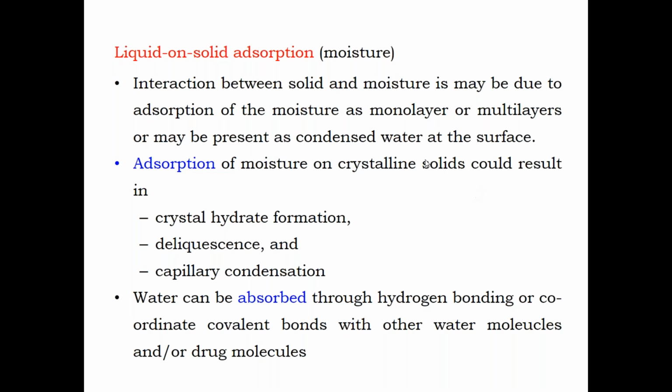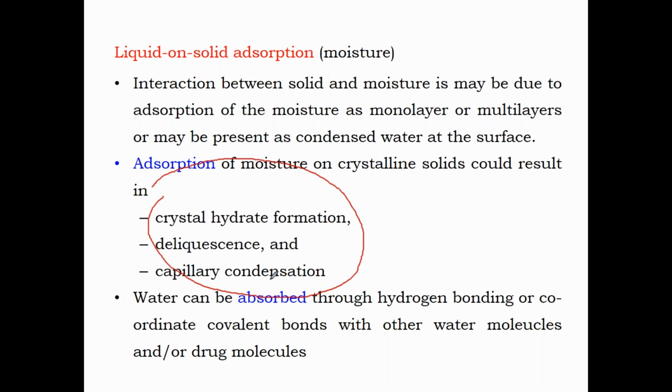So adsorption of moisture on the crystalline solid can result in many drawbacks. It can result in a crystal hydrate; the anhydrate form can become a hydrate form, or can become deliquescent. You know, deliquescent is very difficult to handle because of the high moisture content.